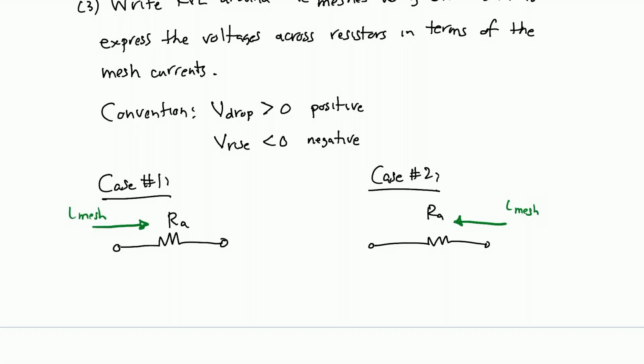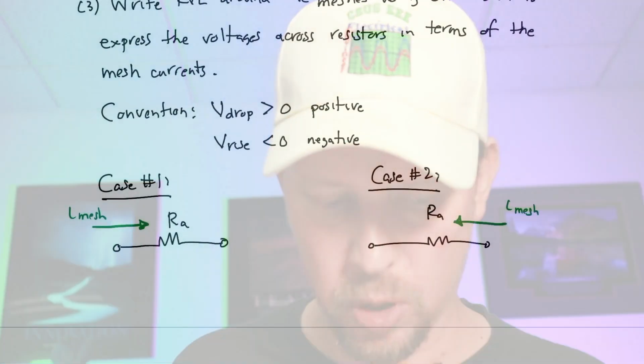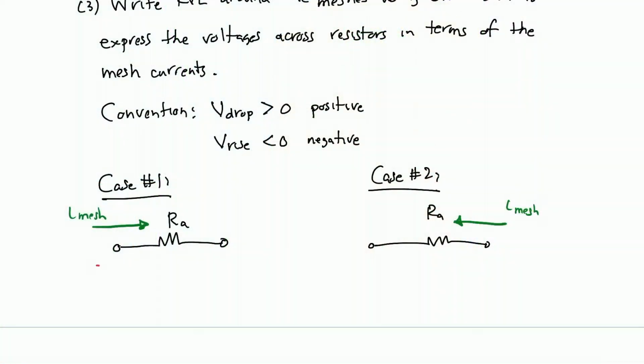Now, when it comes to our loop, there are two ways in which you can go through an element in your particular loop. You can either go in the same direction as your mesh current. So this is our KVL loop.